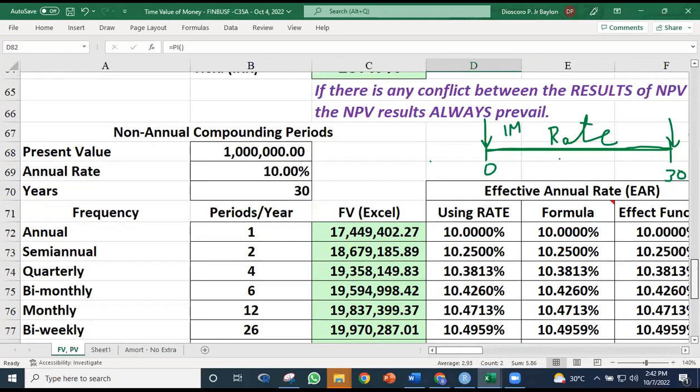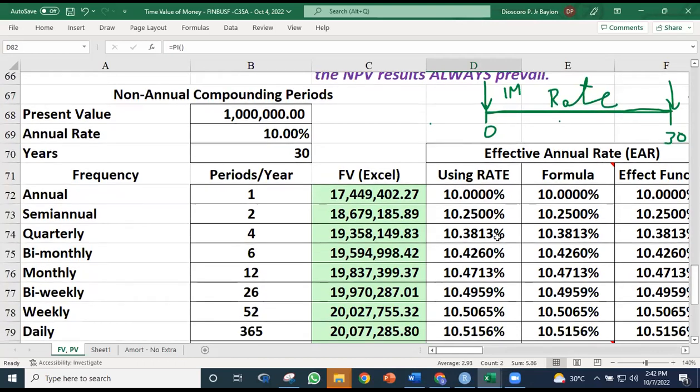learn how to compute for the effective annual rate, EAR. We know that rates are given in nominal terms, which means that this is always assumed to be annual. Even if I don't say here annual, you always assume that the rate that's given is annual.